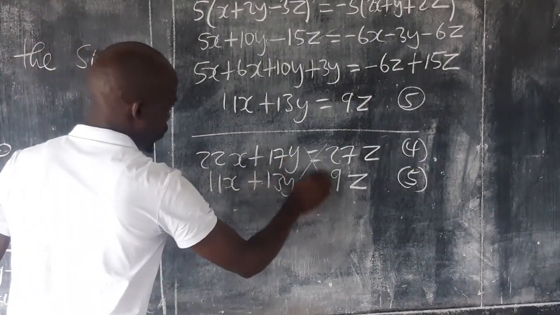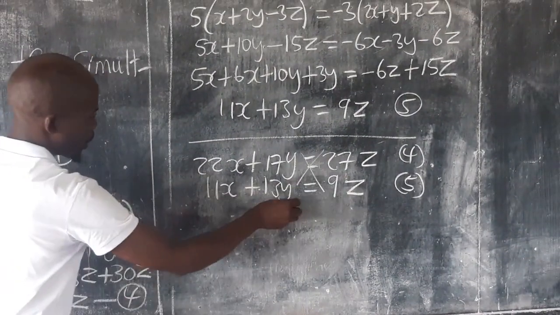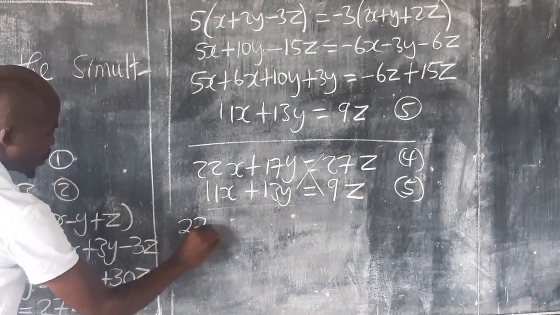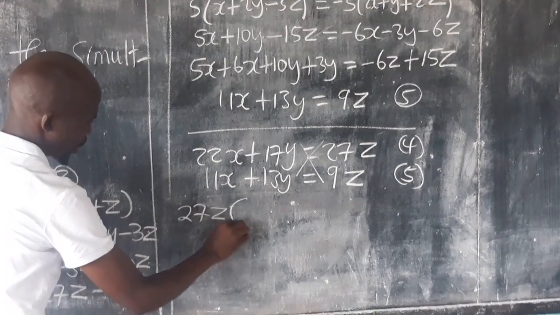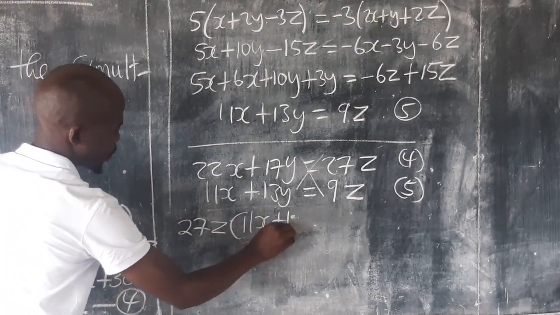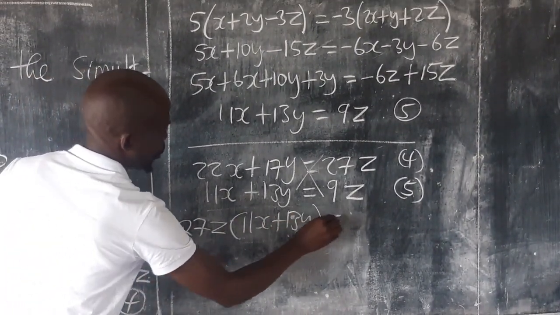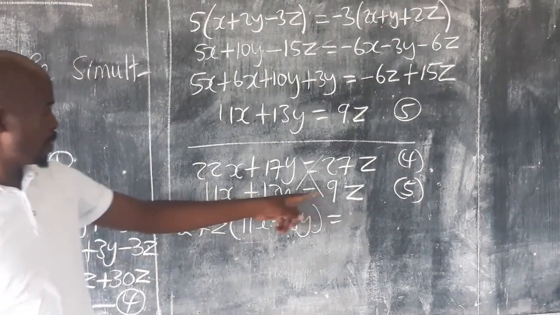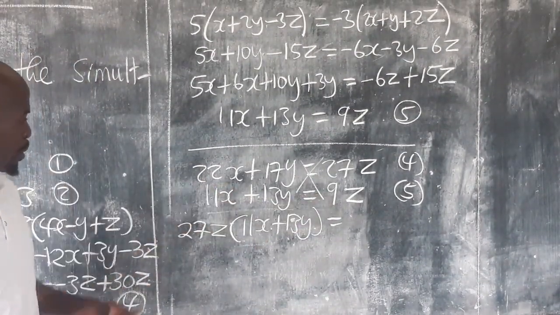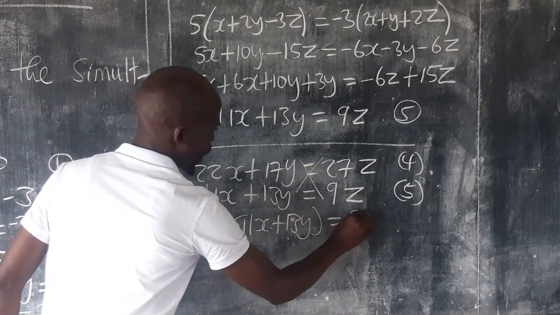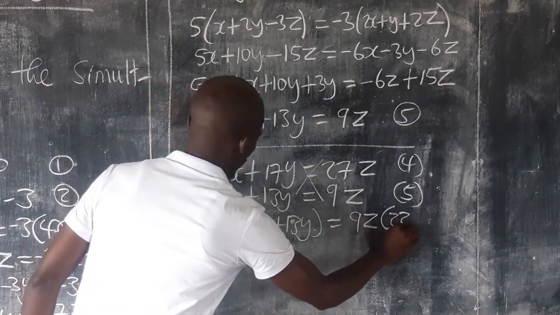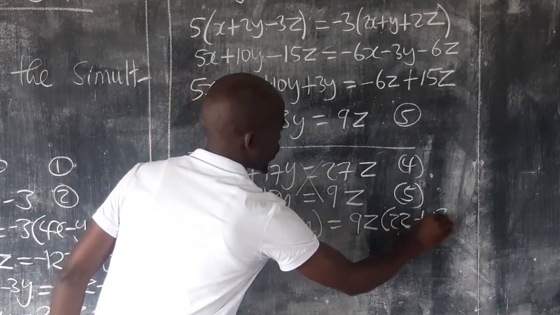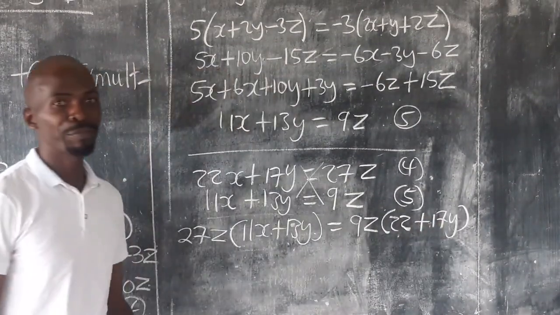I cross multiply once again. 27z will multiply with this. So 27z times 11x plus 13y equals 9z to multiply with this, our 9z, open brackets, 22x plus 17y.